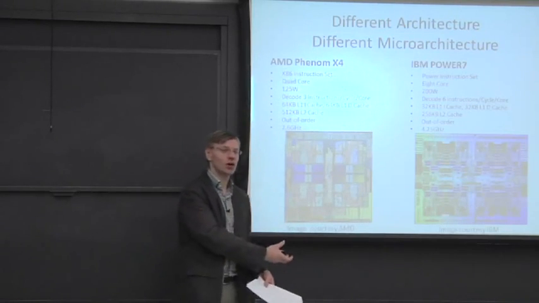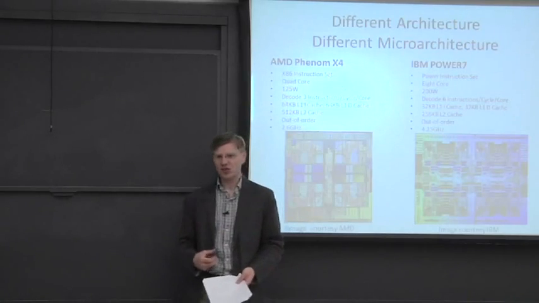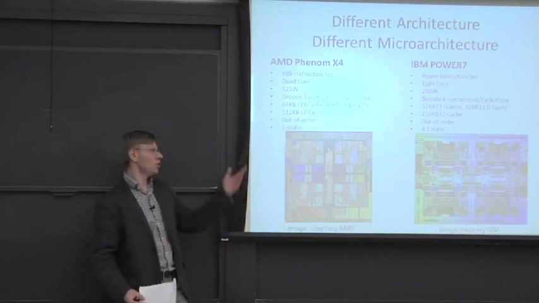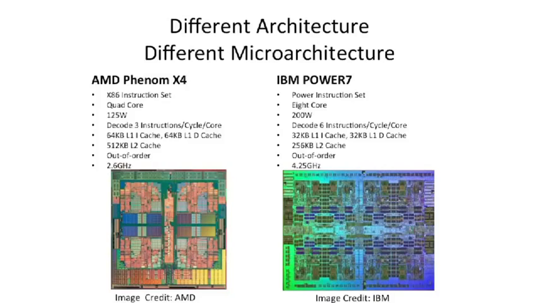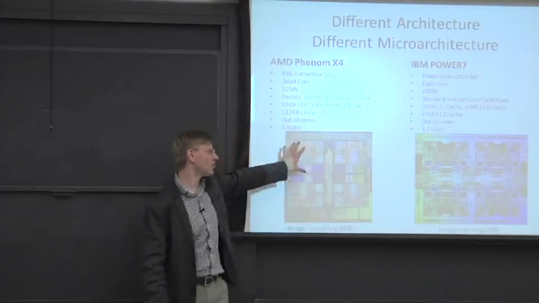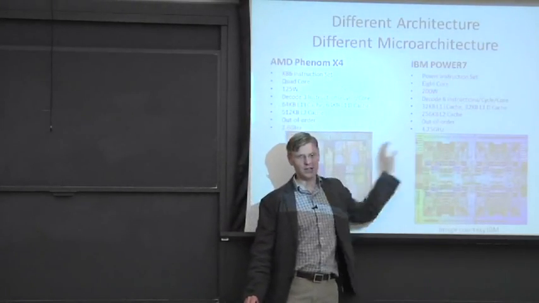So you can't run the same software on those different instruction set architectures. So here we have an example of 2 different instruction set architectures with 2 different microarchitectures. So we have the Phenom X4 here versus the IBM Power7. And we already talked about the X4 here, but the Power7 has the Power instruction set, which is different than the x86 instruction set. So you can't run one piece of code that's compiled for this over here, and vice versa.